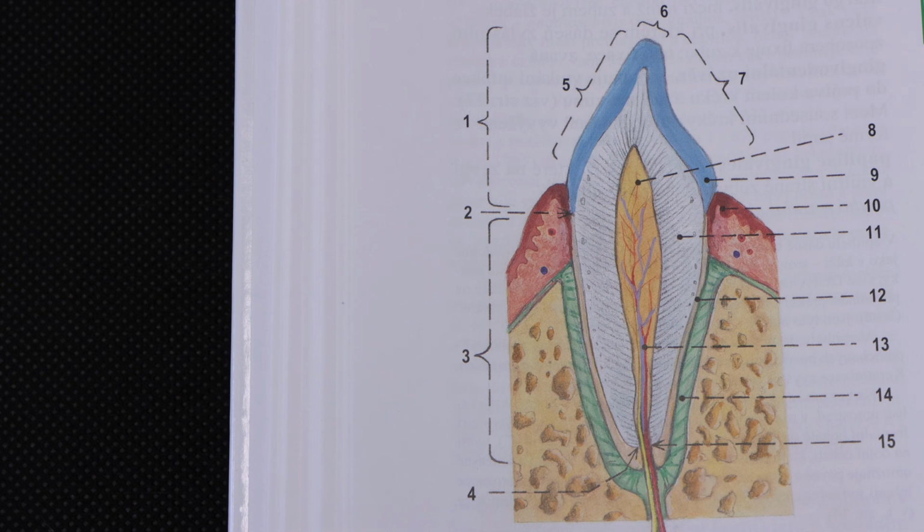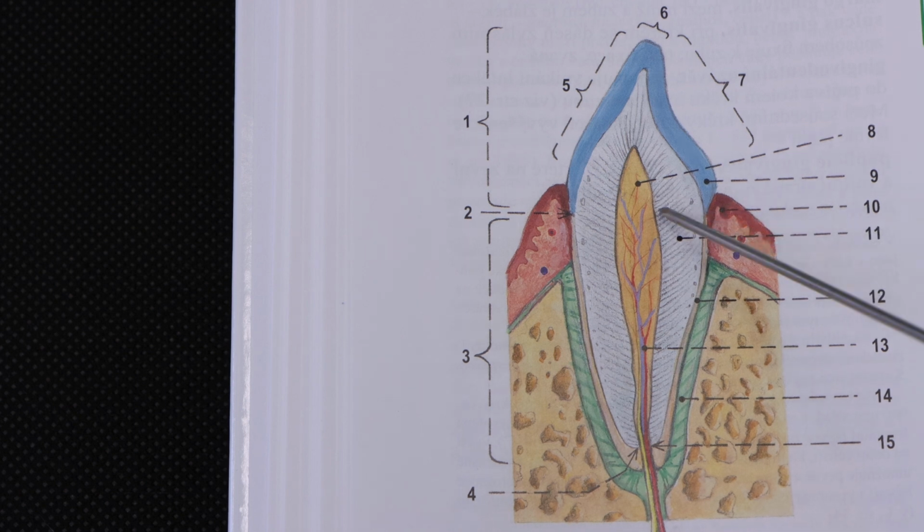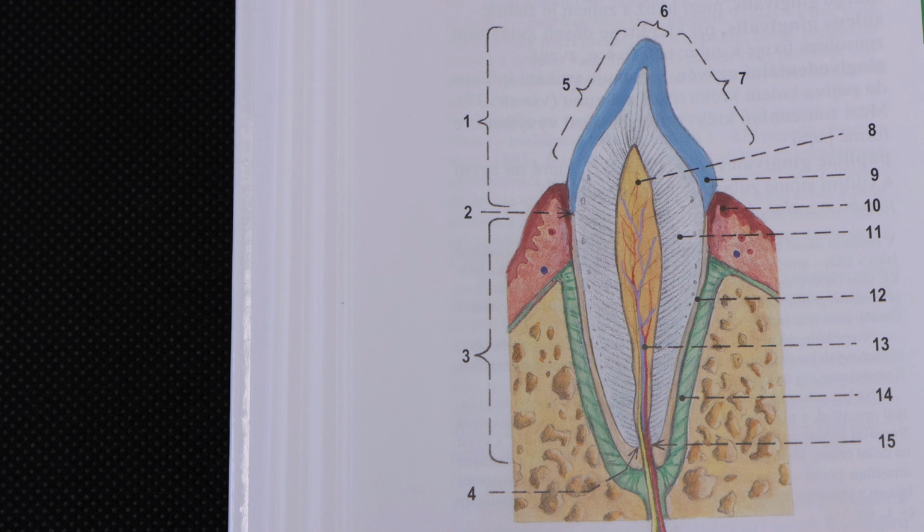This dentine is composed of approximately 70% inorganic material, and it's harder than bone.